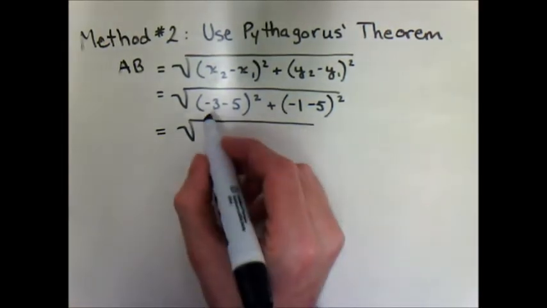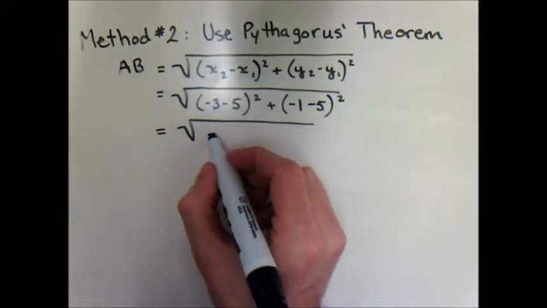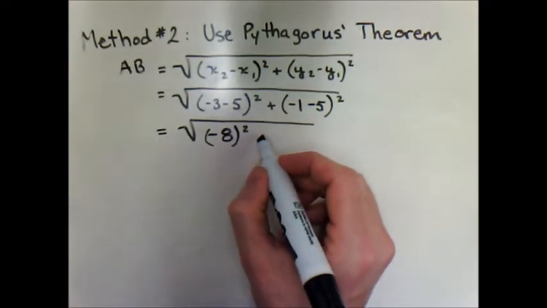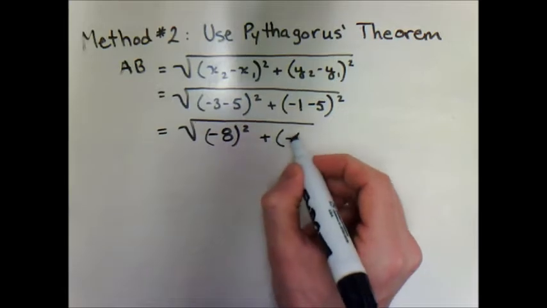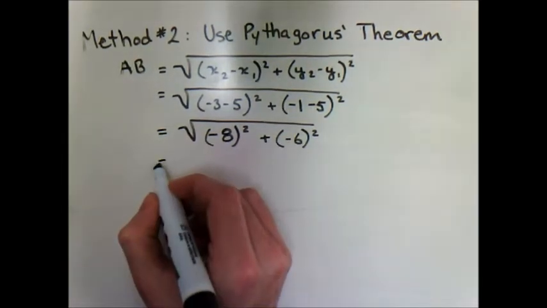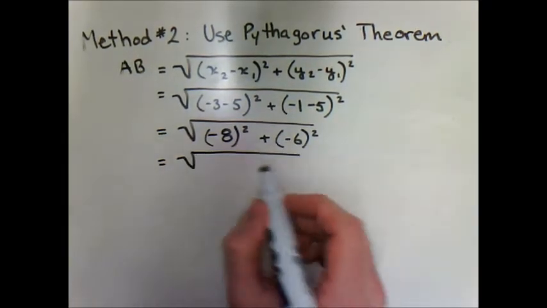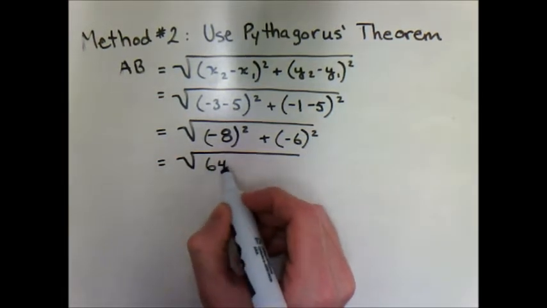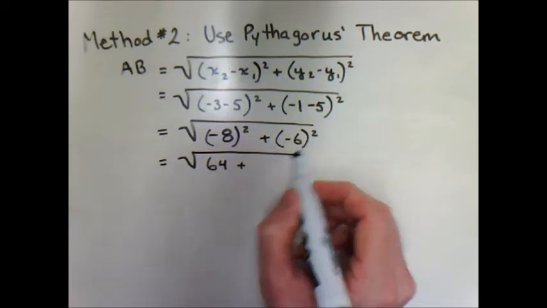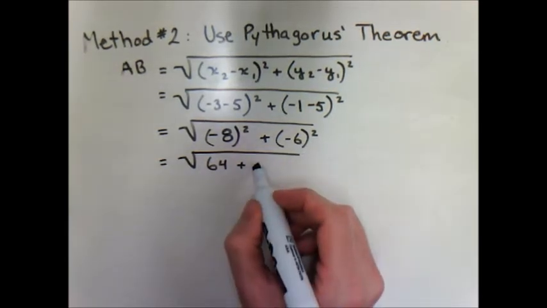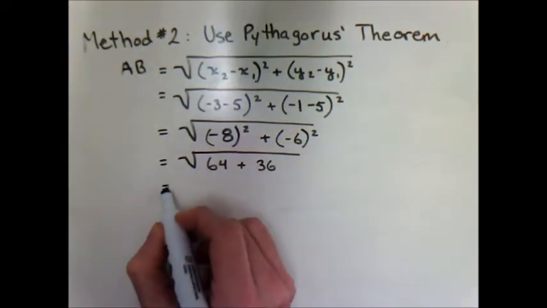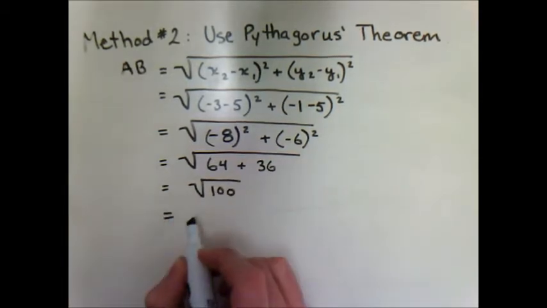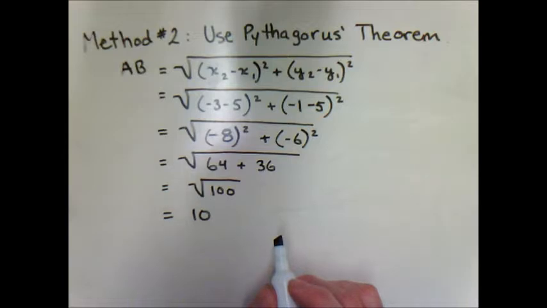Keep our radical and reduce our brackets. This becomes -8 squared plus -6 squared. -8 times -8 is +64, and -6 squared is 36. The length AB then equals the square root of 100, which we know is 10.